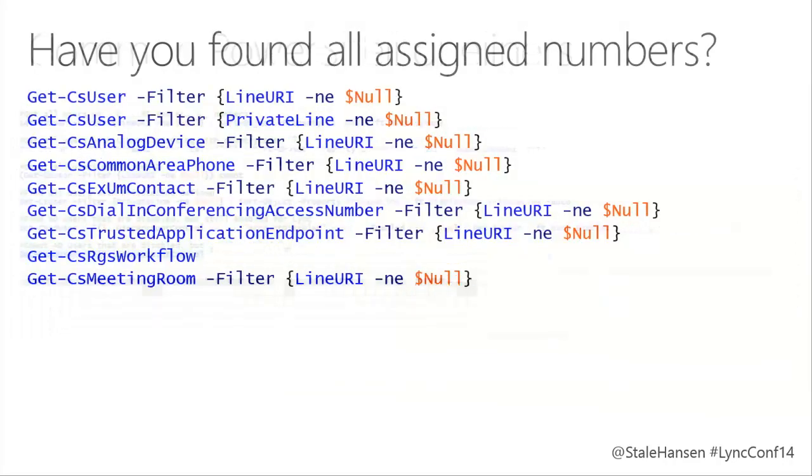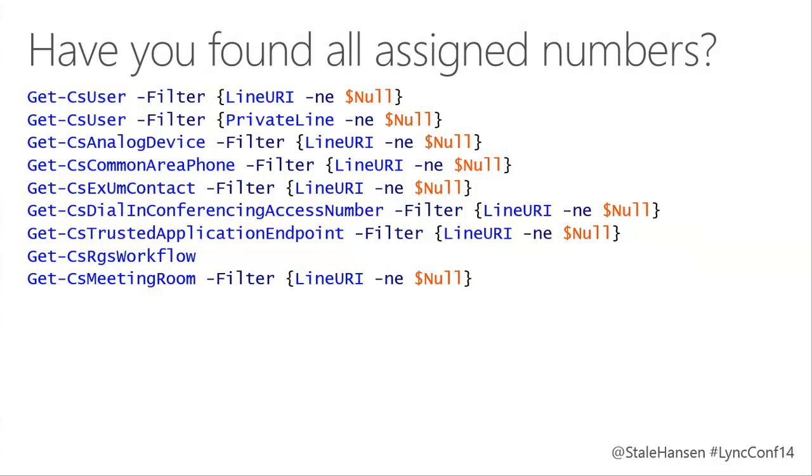But the thing is, these one-liners are good, but they check only one object, and that's a user. But we have eight other objects that can have a line URI in Lync. You have analog devices, common area phones, Exchange unified messaging contacts, dial-in conferencing access numbers, trusted application endpoints, response groups, workflow, and meeting rooms.